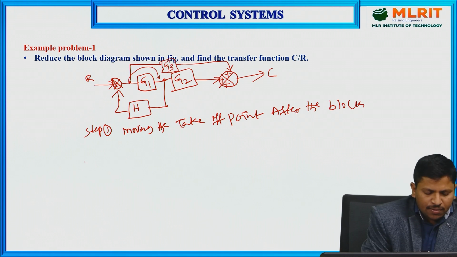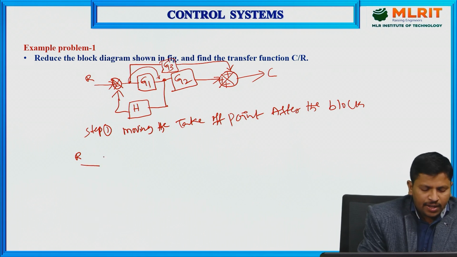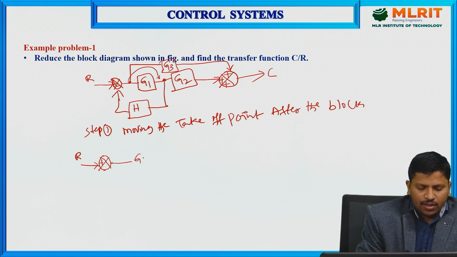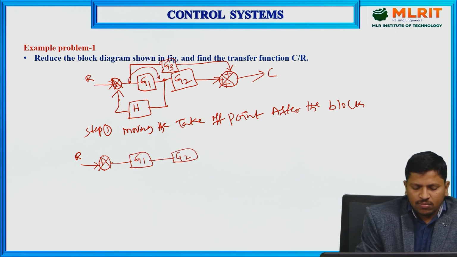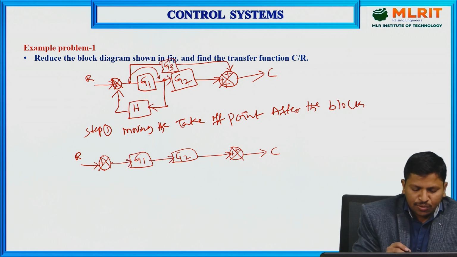Observe here, the given input signal is R, and here the summing point is the same, then G1 and G2, and here the summing point, and this is the output C. Here observe, the take-off point is moved after the block G1. So it is shifted to here, after the block.